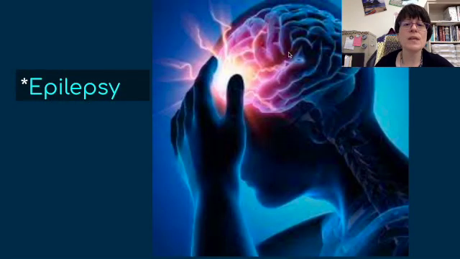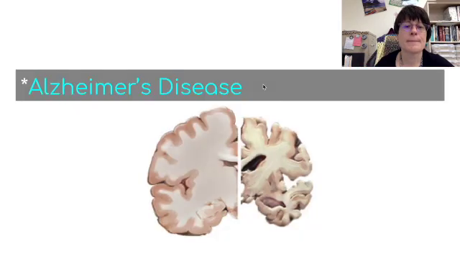Epilepsy is in the brain, and it's extra activity in the brain that shouldn't be there, and so neurons will just fire and cause an individual with epilepsy to have a seizure. And finally, Alzheimer's, which probably many of you are familiar with. It causes memory issues, and eventually it also causes the individual to lose function of moving muscles and even eventually breathing.